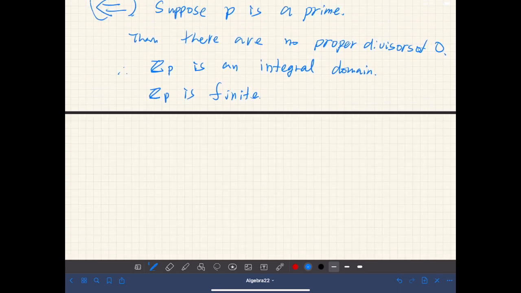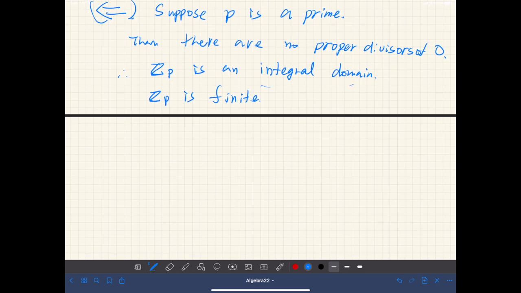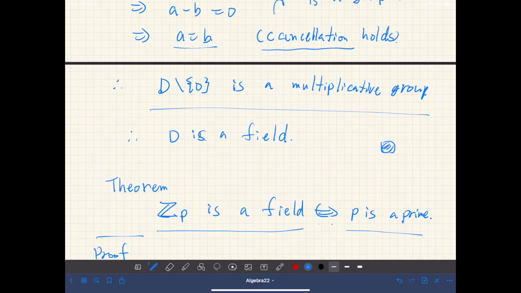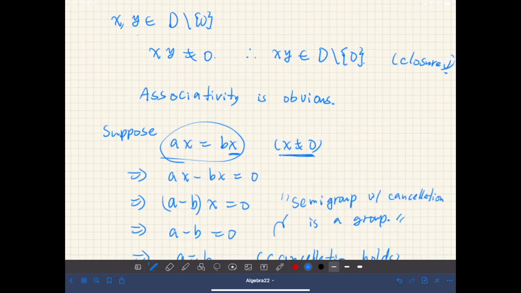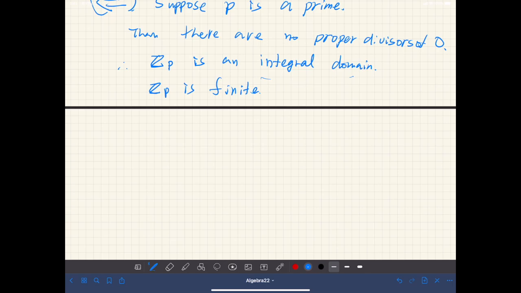So Z_P is a finite integral domain, but according to the previous theorem, a finite integral domain is a field. Therefore, Z_P is a field. And we are done.